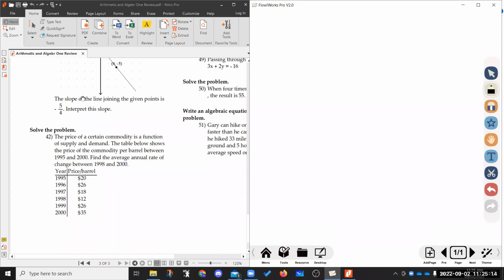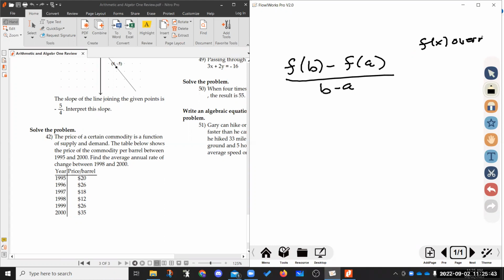Number 42, the price of a certain commodity is a function of supply and demand. The table below shows the price of the commodity per barrel between 1995 and 2000. Find the average annual rate of change between 1998 and 2000. So to find average rate of change, it's f of b minus f of a over b minus a when I'm evaluating f of x over the closed interval a, b.